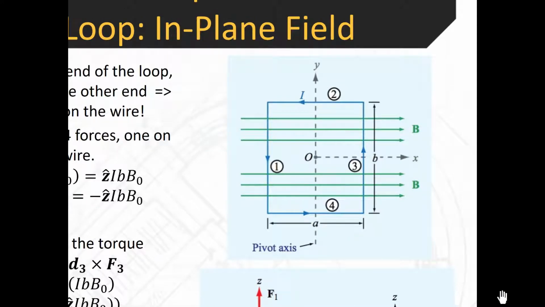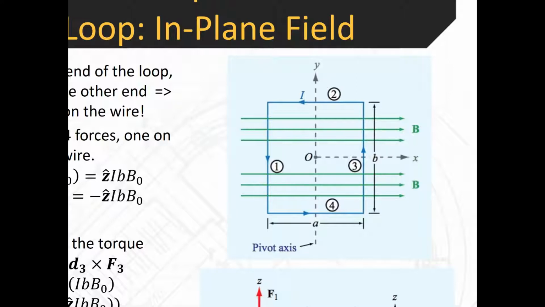What do you mean the axis of rotation? If you put this loop inside the magnetic field, the current is going in the counterclockwise direction and the magnetic field is going from left to right. What will be the axis of rotation of this current loop?